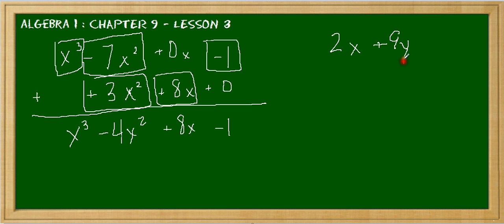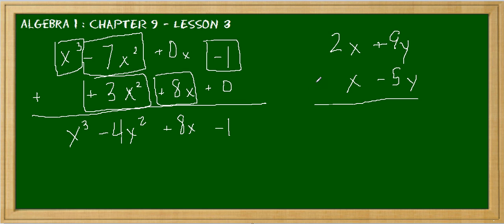So again, we're going to always try to line up the like terms, and for that, remember, we need to have the same degree and the same variable. Okay, so in this case we do have x and y, and we need to make sure that we have our x's lined up and our y's lined up. Okay, so that's really what we're doing here.